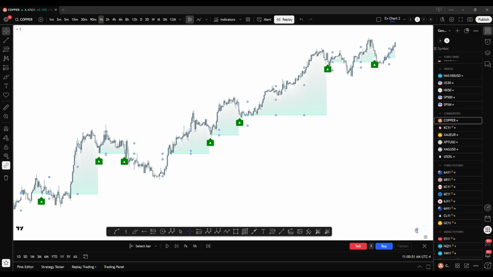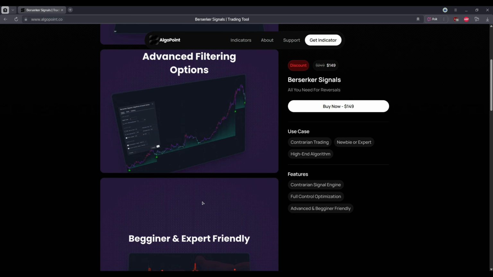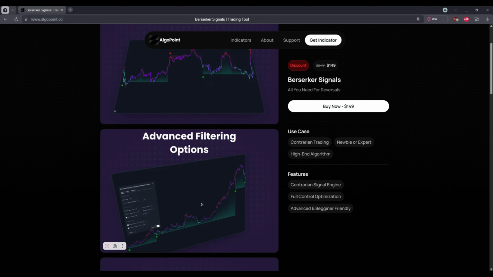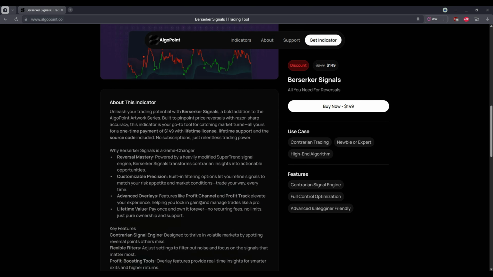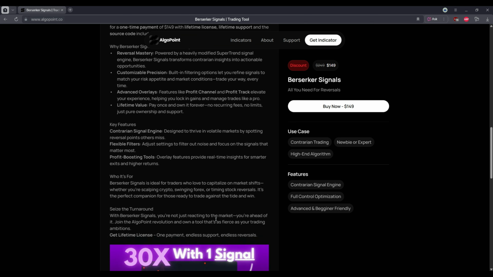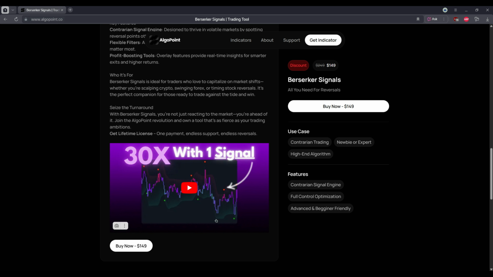Accuracy versus expectation. I would say, let me see, let's look at the website real quick. At first you look at it and it's like, oh wow, seems legit, but for $149, I would say 3x with one signal.